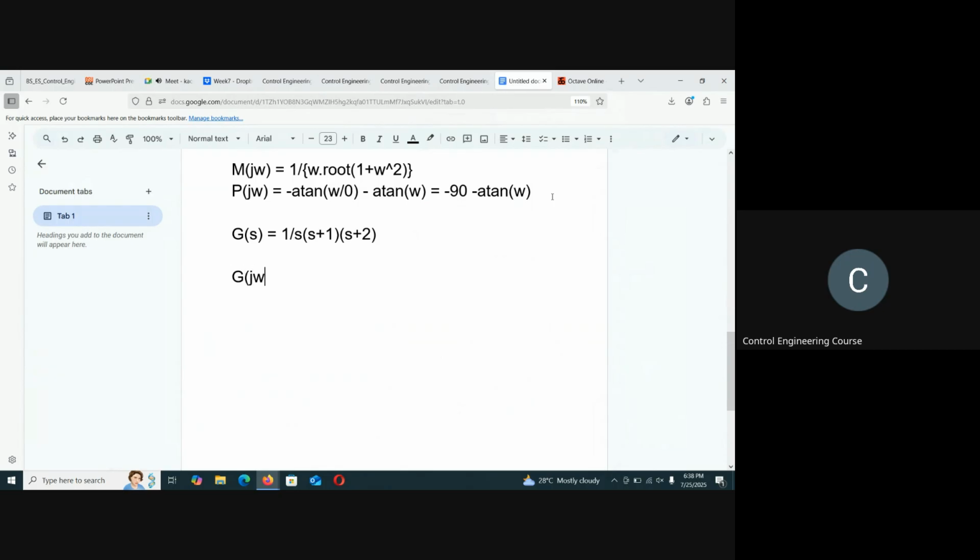So what is G of j omega? 1 by j omega, 1 by j omega plus 1, 1 by j omega plus 2. So I can calculate the phase very quickly. What is the phase response? -90 minus arctan omega minus arctan omega by 2.